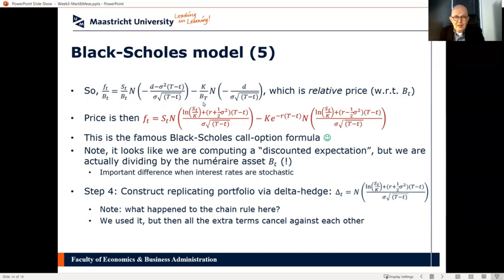So this N(d1) term, then the S times the partial derivative of the N(d1) term with respect to S. And the third term is minus K, the discounted K, times the partial derivative of your capital N with respect to this S. And then it turns out that this second chain rule term and this third chain rule term exactly cancel against each other, and we are left with this first term only.